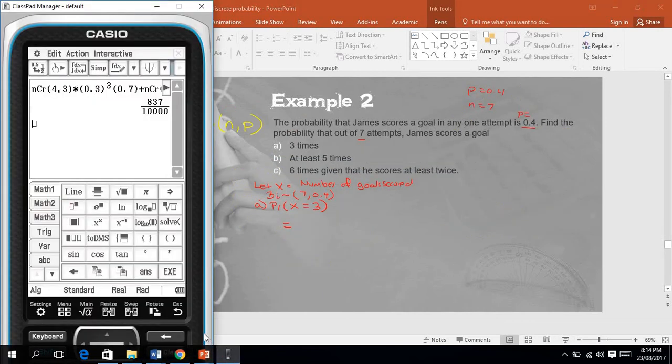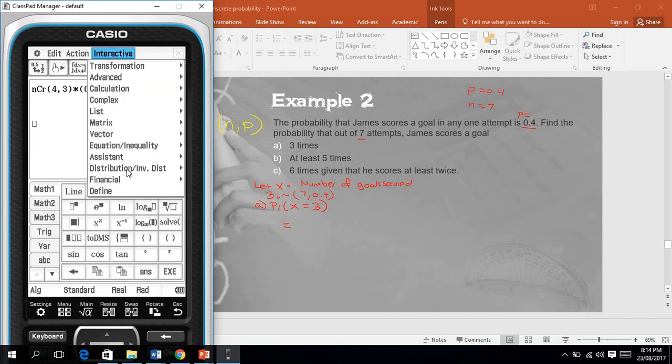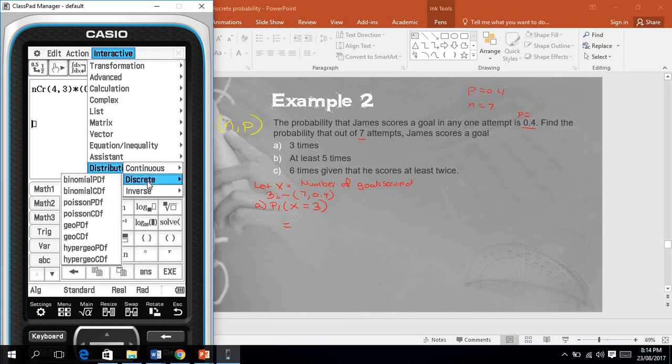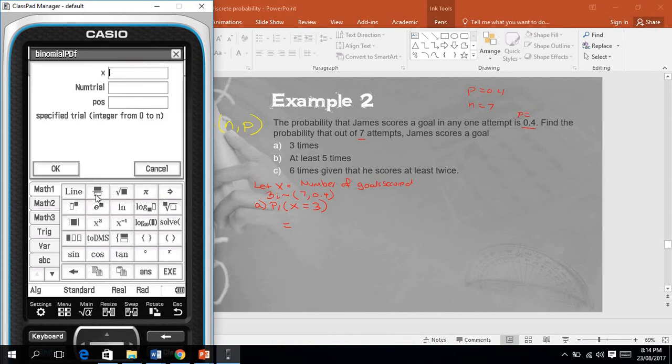Okay, the calculator. So this is much better than the other way. We click interactive, distribution, discrete, okay, because we're doing discrete probability still at the moment. And here are the 2 options I was talking about before, binomial PDF or binomial CDF. Because we are dealing with our single value, our probability distribution function, we click here.